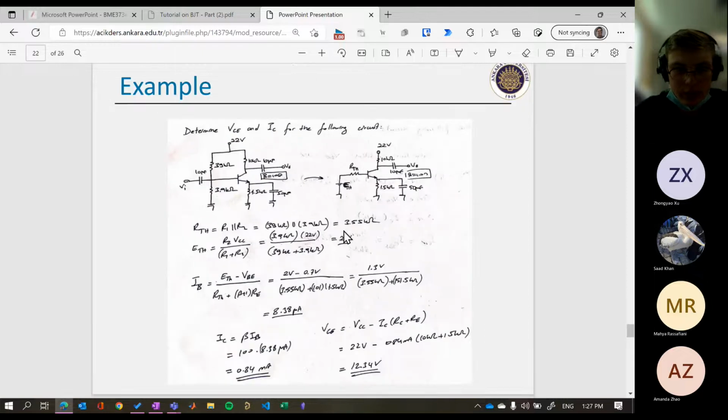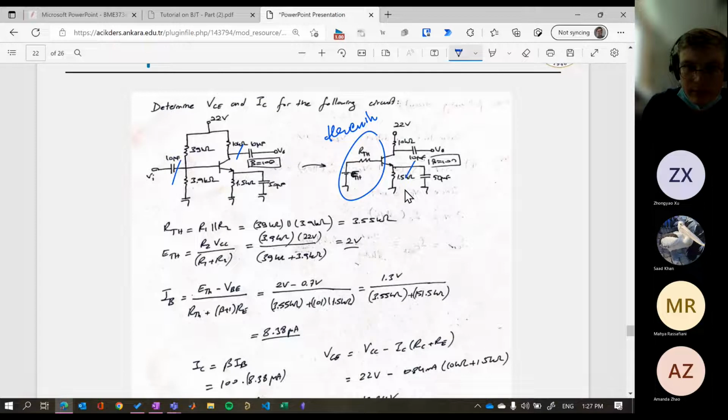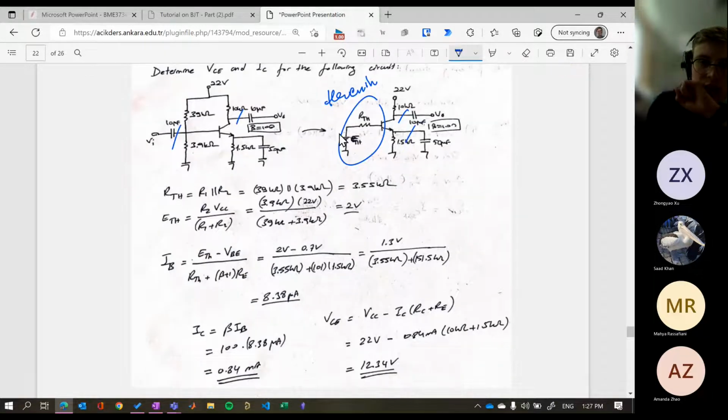If we want to do it perfectly, we have to find the Thevenin equivalent of this circuit. Remember, this capacitor gets opened, and we also open up the 50 microfarads. Looking this way, we can replace these two resistors with a parallel combination.